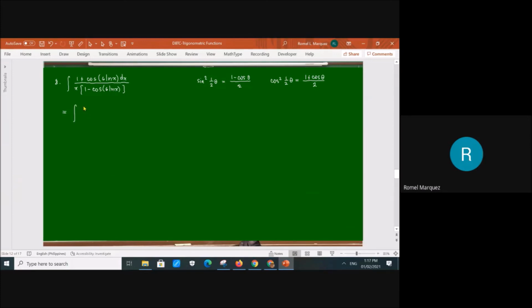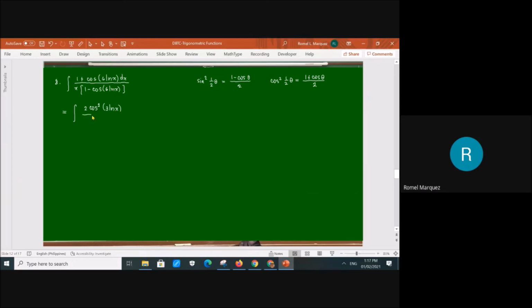So, I can rewrite this as, yan, yung 1 plus cosine theta, magiging 6 ln, magiging times 2. So, 2, etong cosine ang gagamitin natin pag sum. Cosine squared, ano yung magiging angle? Kung 6 dito, 3 ln x. Then times 2, 2 times cosine, so that is 1 plus cosine theta.